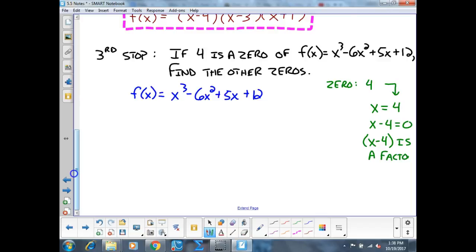Coefficients on the inside. I put a 1, then I put a 0, because I need a placeholder for my x to the third. So 0x to the third plus 0x.